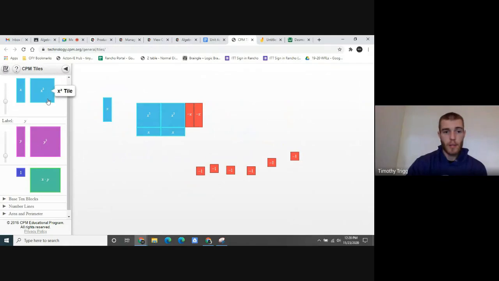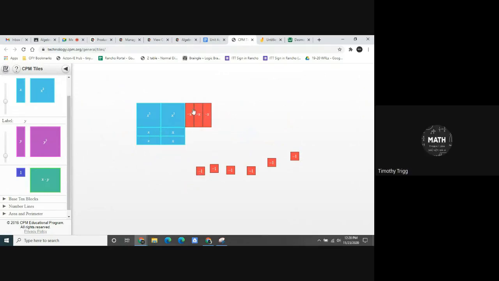Now, I can do something like this. And maybe add one more 0. Perfect. So notice what we have here. We still have 2x squared, and we still have plus a single x, because these negative 3x's will cancel out with 3 of these, and we'd still be left with 1 positive x.